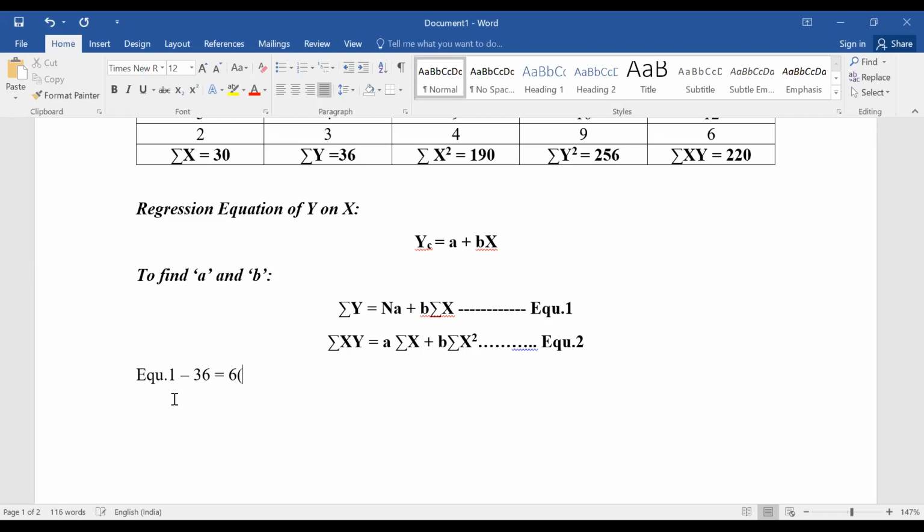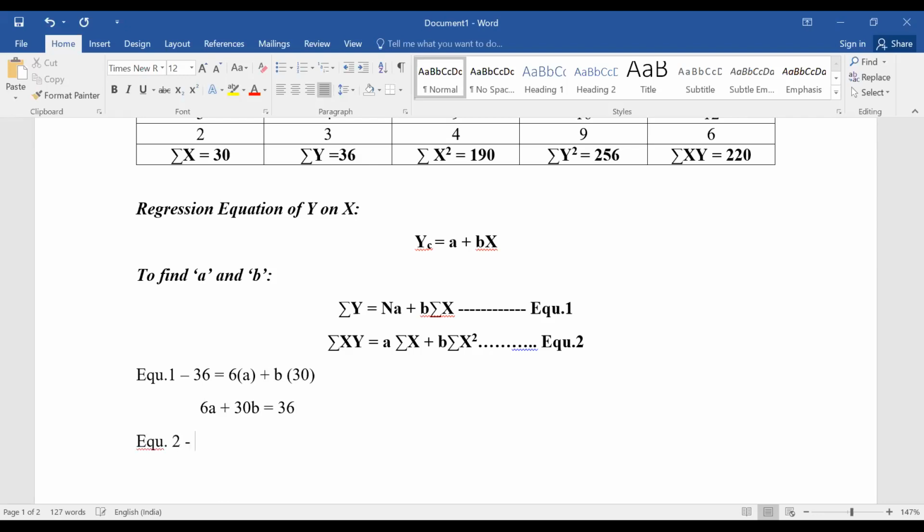So 6 into a, a value we don't know, plus b into summation x, which is 30. So this is the first equation. From this we get 6a plus 30b equal to 36.